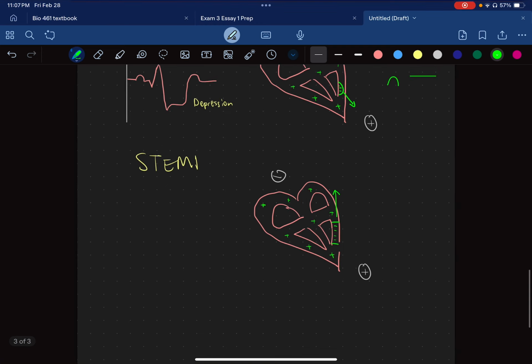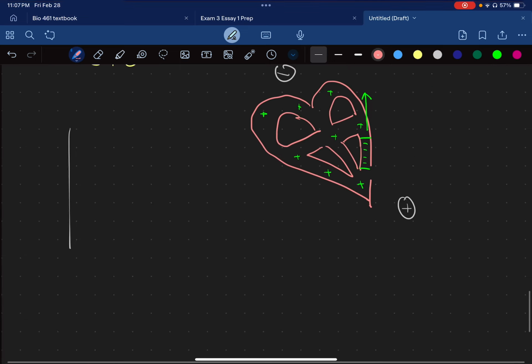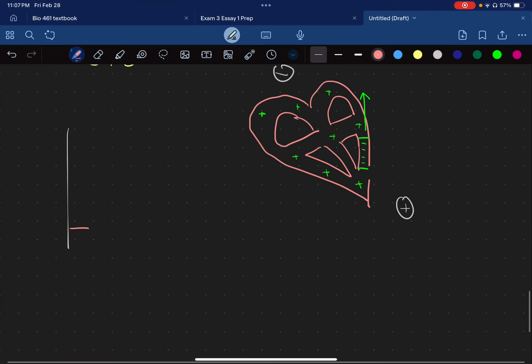So let me just draw this. This is what our baseline we think it is. It's going normal, P, Q, R goes up, and then it should come back down to that baseline, but instead it goes to this baseline, goes up to the T wave, and then back down to that baseline.